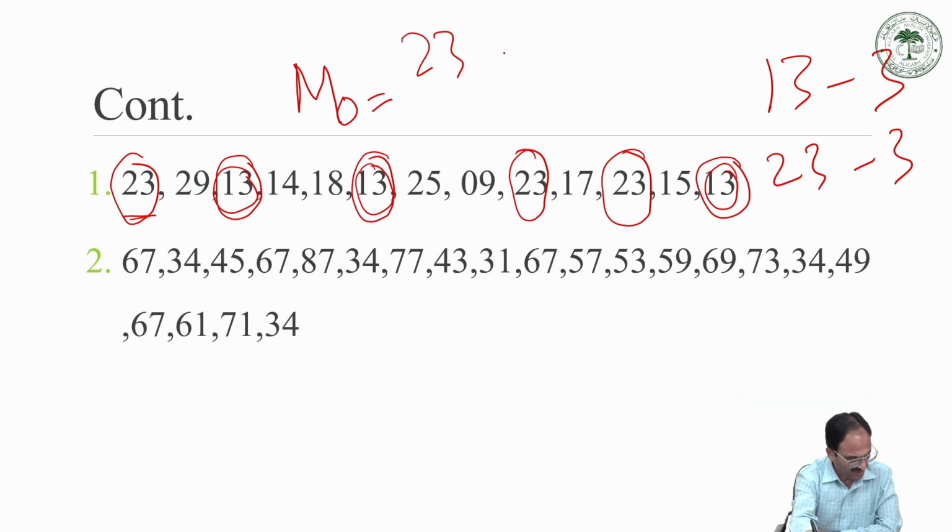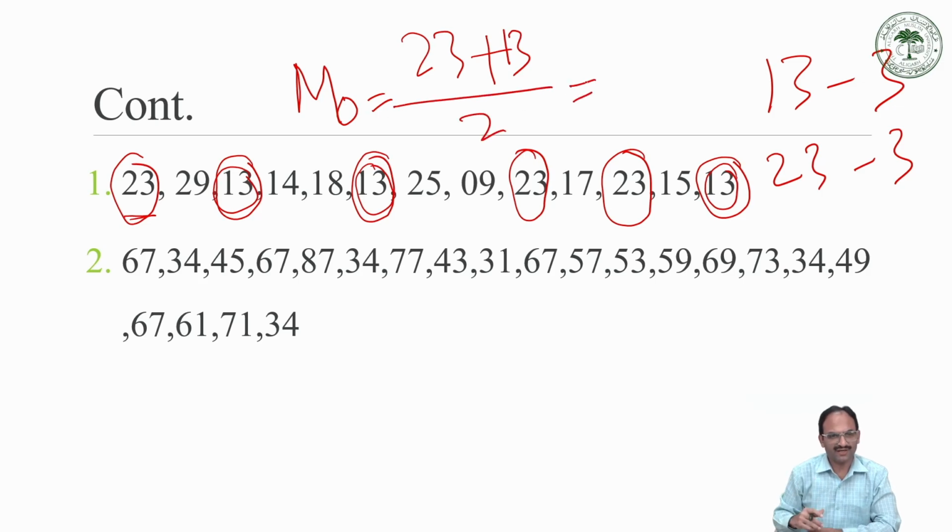So 23 plus 13 divided by 2. This will be your mode. Because two numbers are repeating the same number of times, you have to find the mean of that.